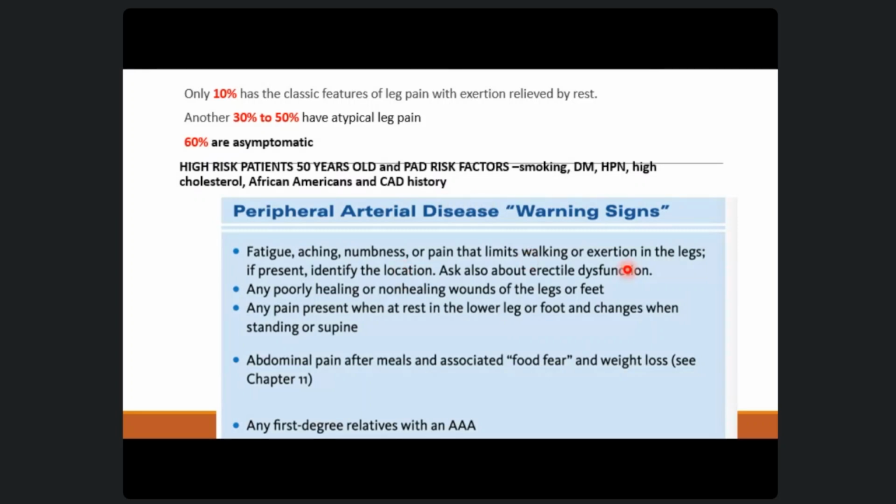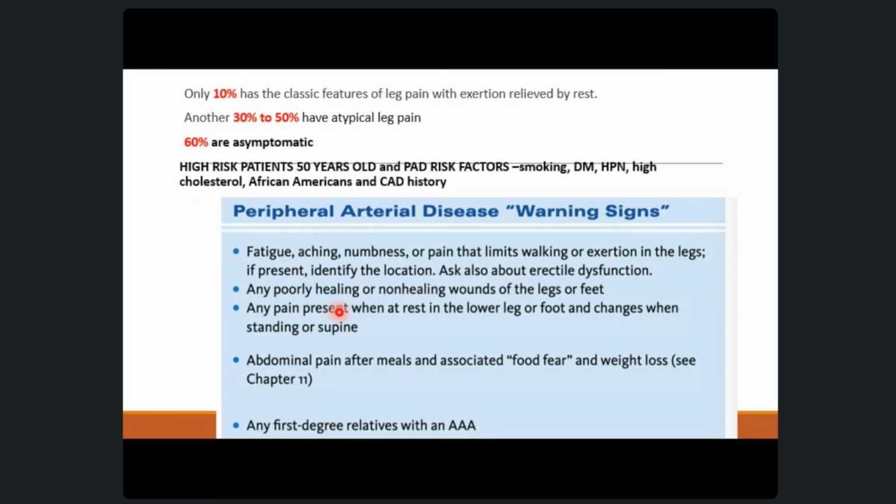So here are the peripheral artery disease warning signs. Patients might present with fatigue, aching, numbness, or pain that limits walking, or there is exertion in the legs. If present, identify the location of the pain. Okay, so those are part of the warning signs.